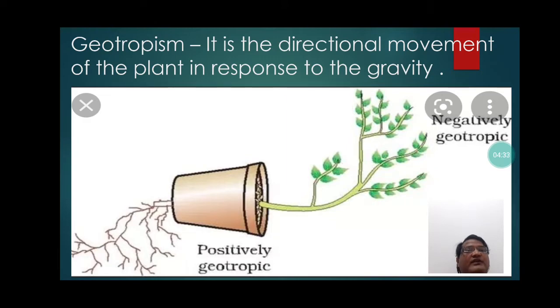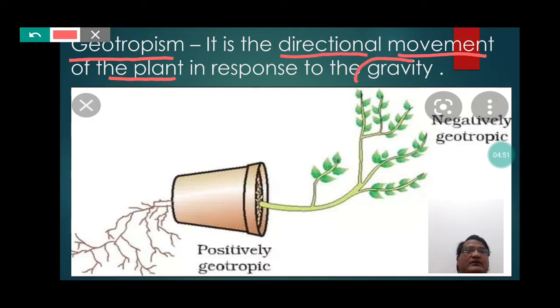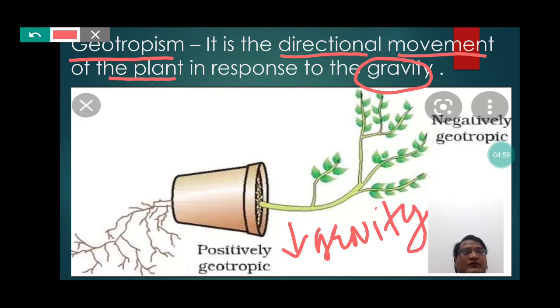Geotropism. It is the directional movement of plant part in response to the gravity. So students, geotropism is also a type of tropic movement in which the movement of the plant part is towards the direction of the gravity. We know that gravity is always downwards, and here we can notice the root is always growing towards that direction.